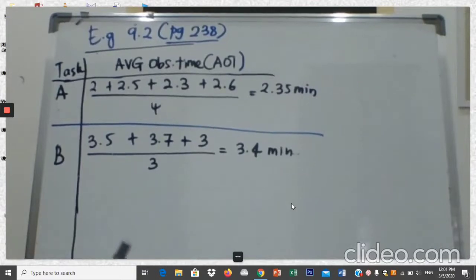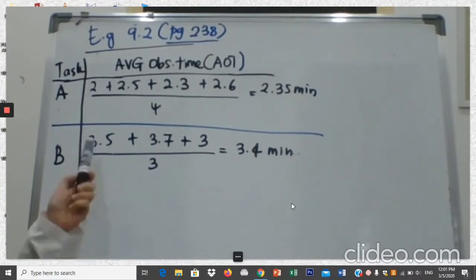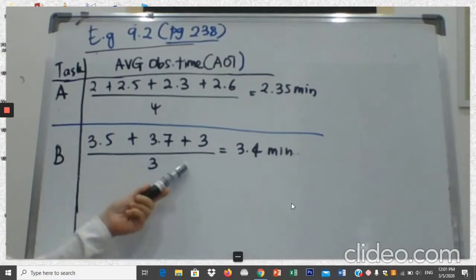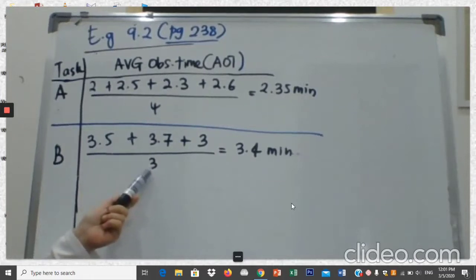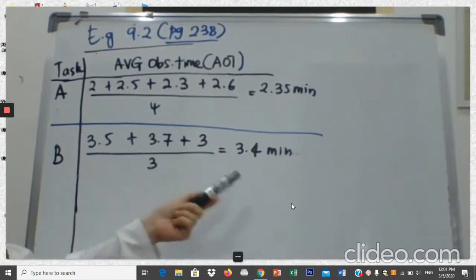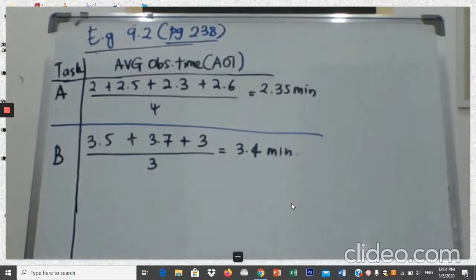Because of this abnormal time, we have to exclude it in our calculation of the average observed time. So we take only the 3 normal observation times, 3.5, 3.7 and 3, and take out the 10. Because it involves only 3 numbers, we divide by 3. In the end, we get 3.4 minutes as the average observed time.